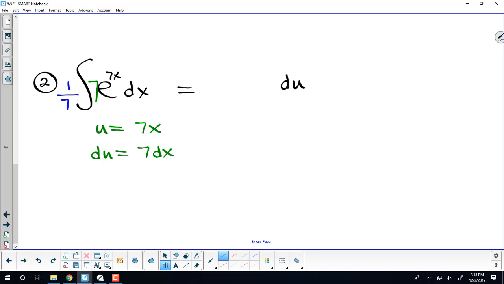Let me do this. My 7 dx is du. So that's for this piece I added in, and this dx. U is 7x, so that turns into e to the u. Remember, the outside function doesn't change. That's e to the 7x, that's e to the u.